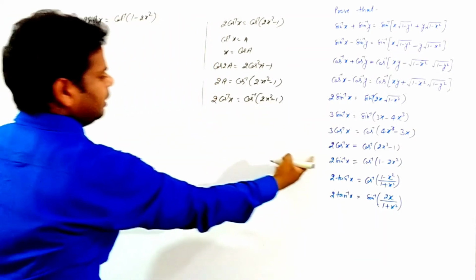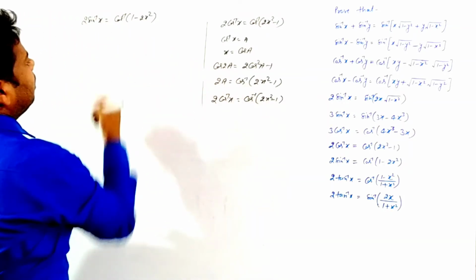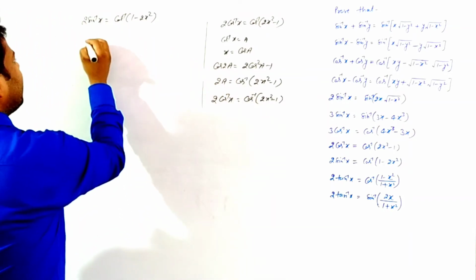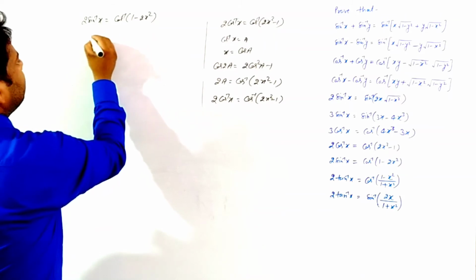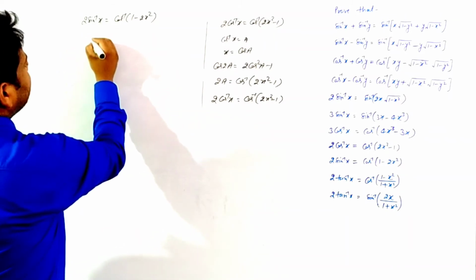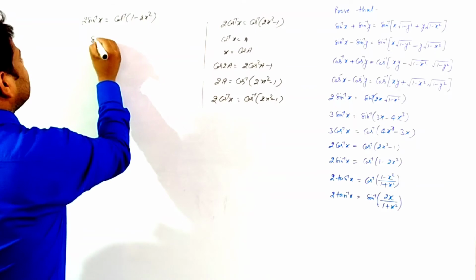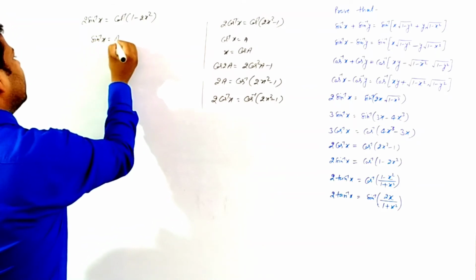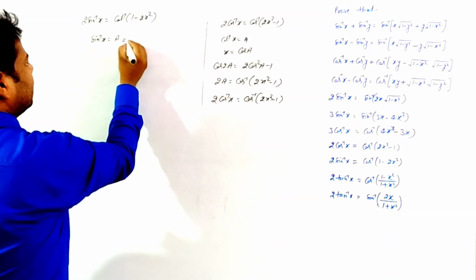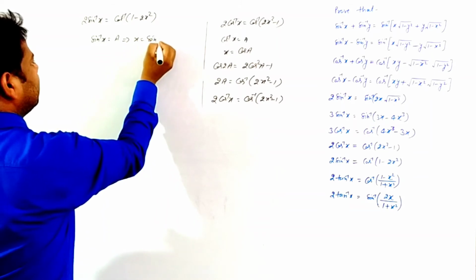And next, here 2 sin inverse x is equal to cos inverse (1 minus 2x square). We have a formula. First we suppose sin inverse x is equal to a, then we can write x is equal to sin a.